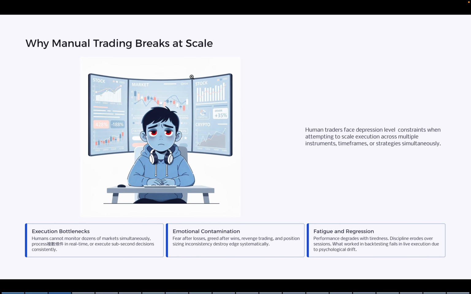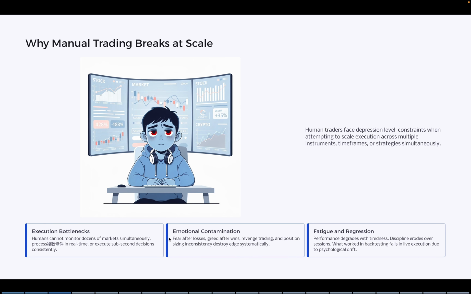Okay, now let's get into why manual trading breaks at scale. So why you should even go into algorithmic trading or algo trading. It's because humans cannot monitor dozens of markets simultaneously, and algorithmic trading processes data in real time and executes sub-second decisions consistently. Okay, so then the second thing is emotional contamination, right?